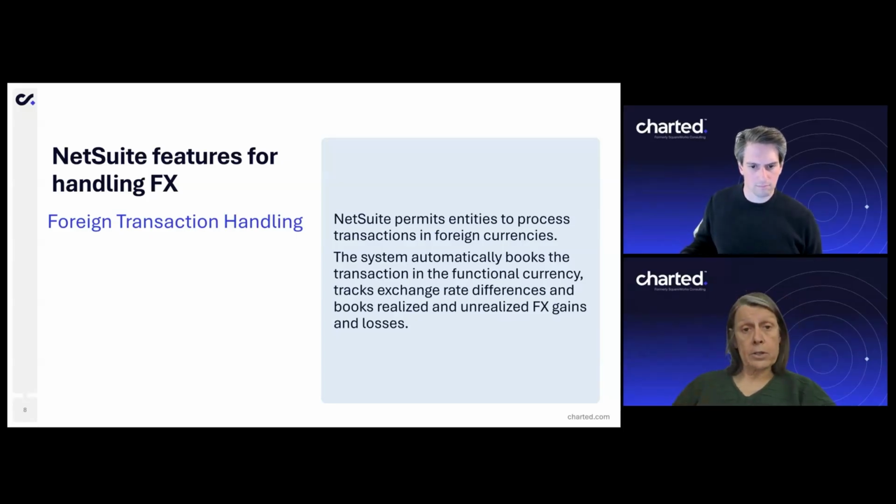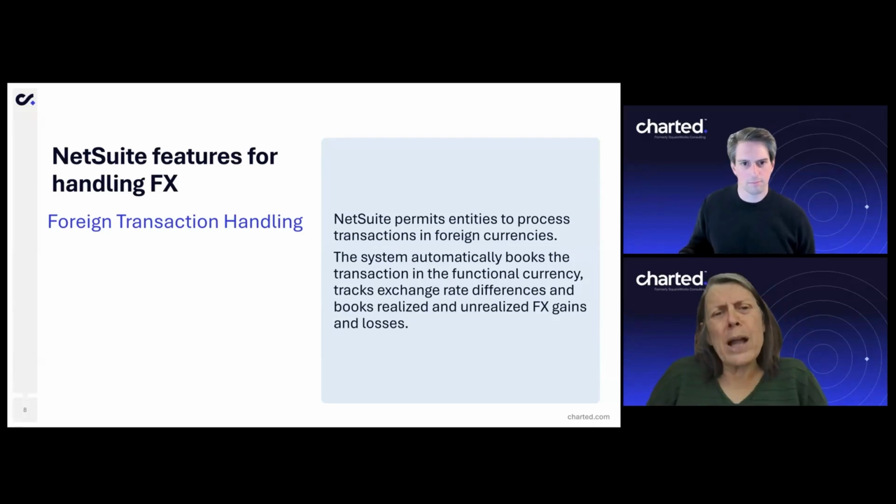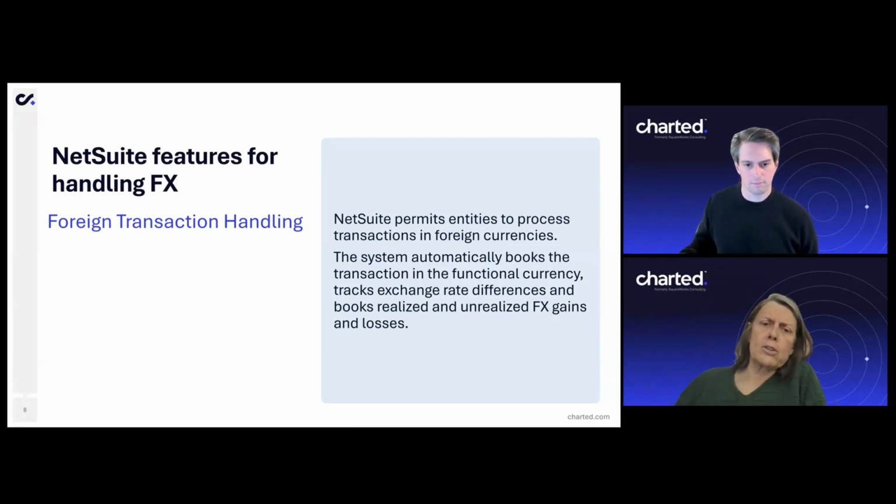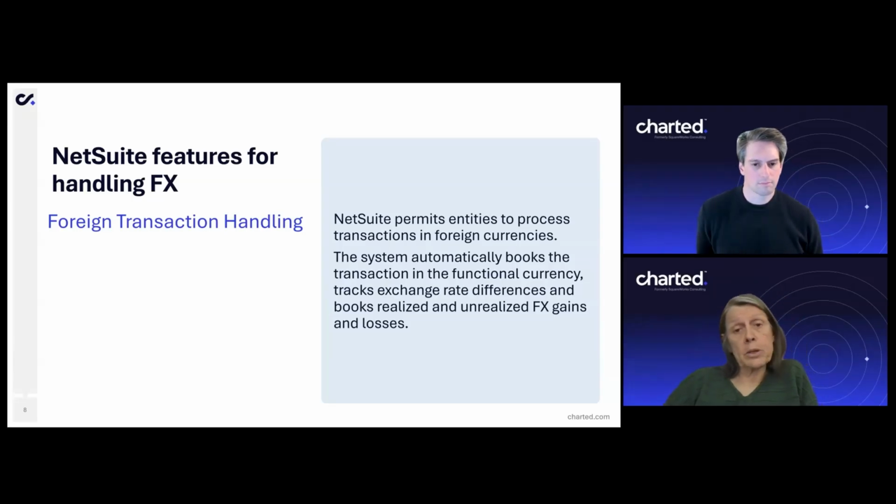Couple of caveats here. Very important things to note. If you have a transaction that is in currency X, do not try to settle that transaction in currency Y. I see that happening a lot of times with intercompanies, much less with customer invoices and vendor bills, but it happens sometimes. You need to actually post the payment or receipt in the same currency as the base transaction.